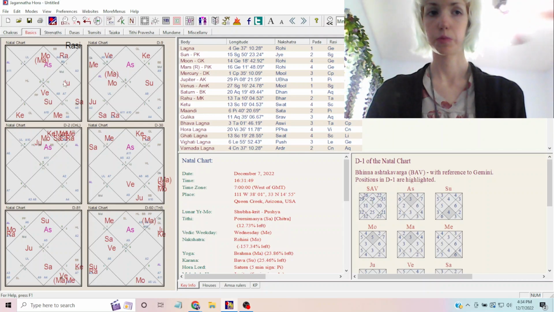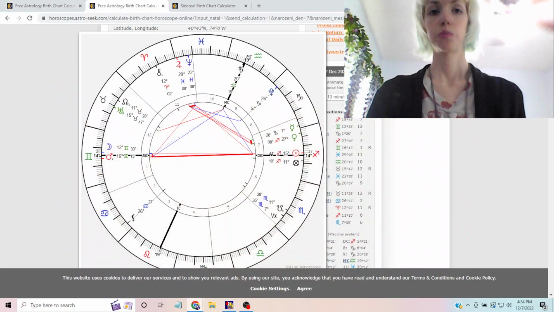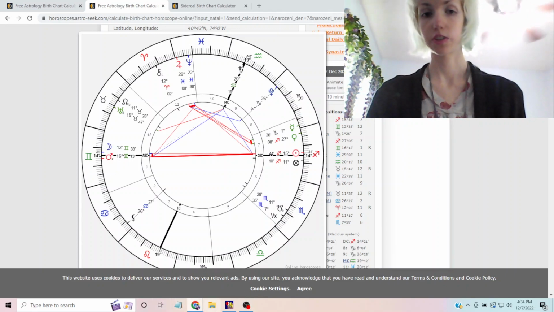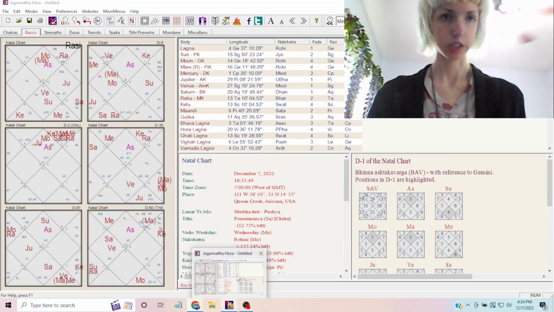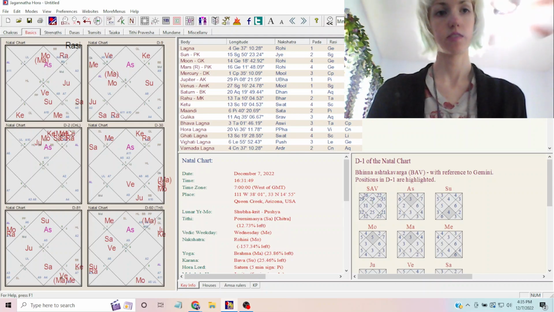This horizontal line, rather than being the ascendant descendant axis, is actually the 4th house and 10th house axis, which is right here on this chart. Because this is a circle, things are different in a 360-degree circle. So then you go 1, 2, 3, 4, 5, 6, 7, 8, 9, 10, 11, 12.